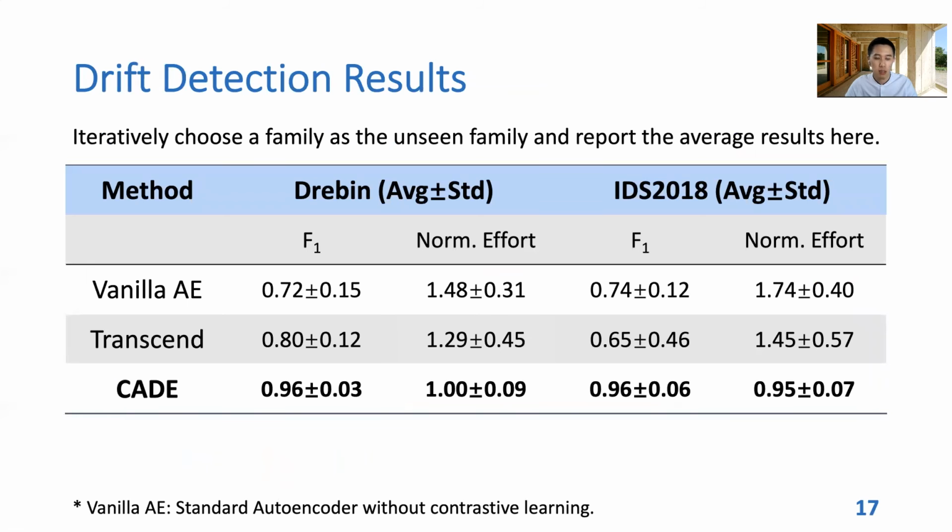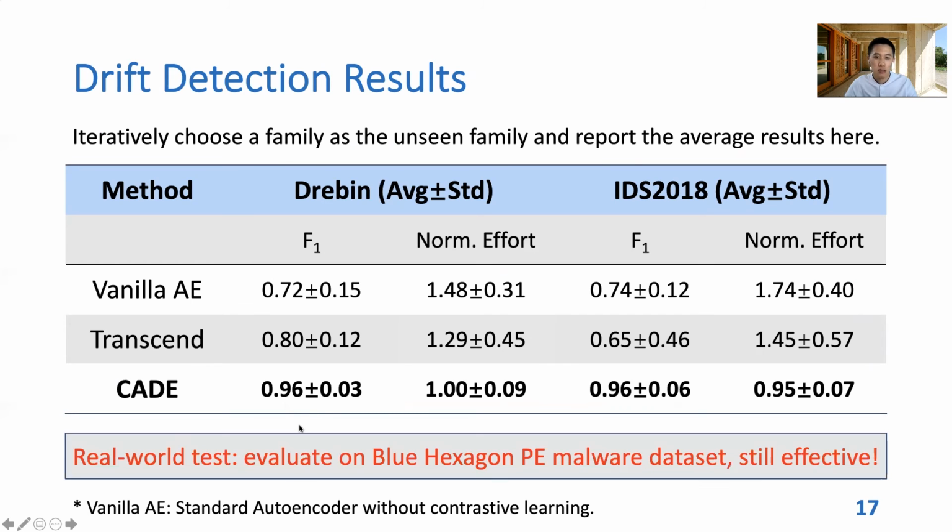One is called vanilla autoencoder, another is Transcend. As you can see, for both datasets, CADE consistently achieves a 96% F1 score with fewer investigation efforts compared to the two baselines. We also did a real-world test on a security company, Blue Hexagon's PE malware dataset, and CADE is still effective.